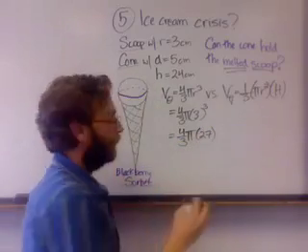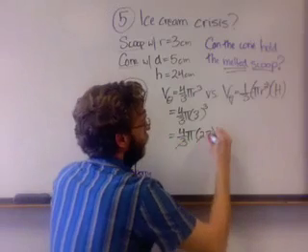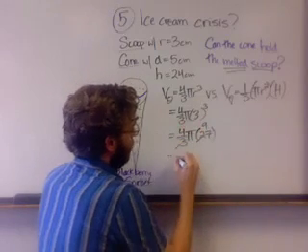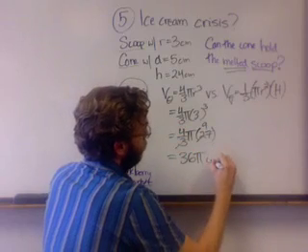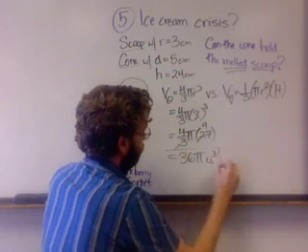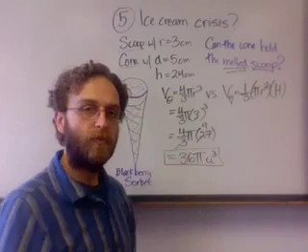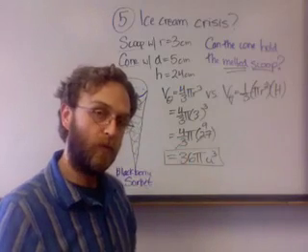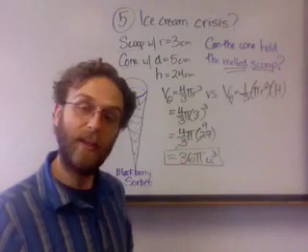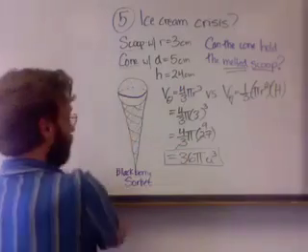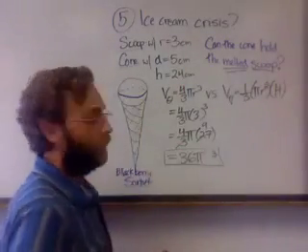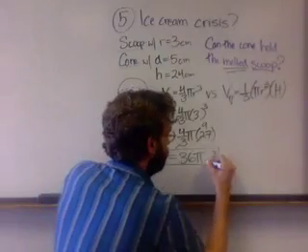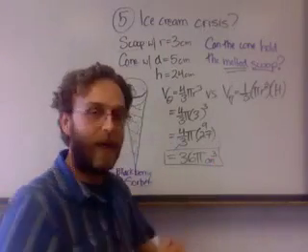And when we reduce that, I can cancel my 3 and make this a 9, leaving me with 36 pi units cubed. We're dealing with volume, so this must be some sort of units cubed. And I think I specified the units, didn't I? They were centimeters, so let's get more specific. 36 pi centimeters cubed.